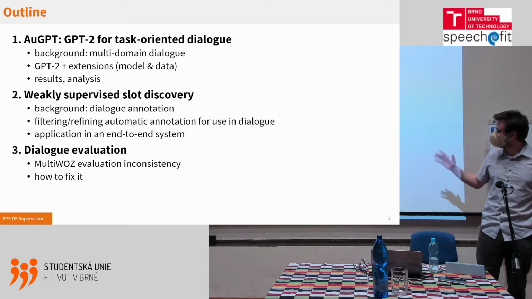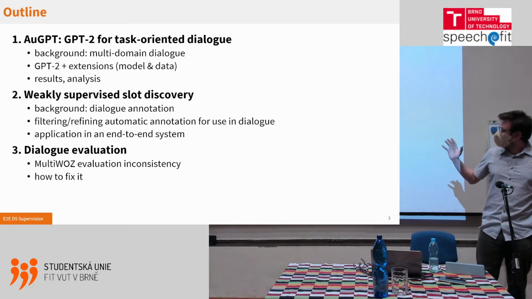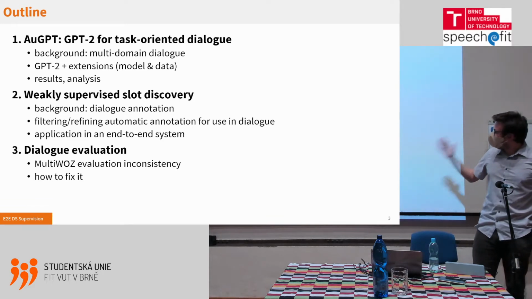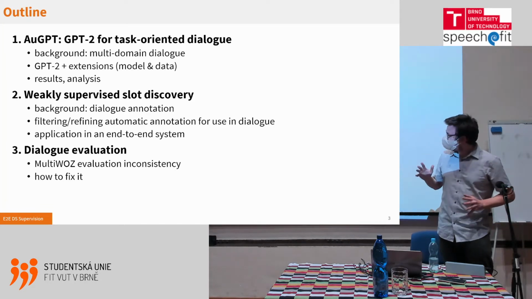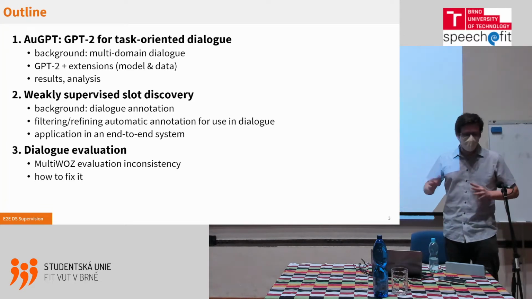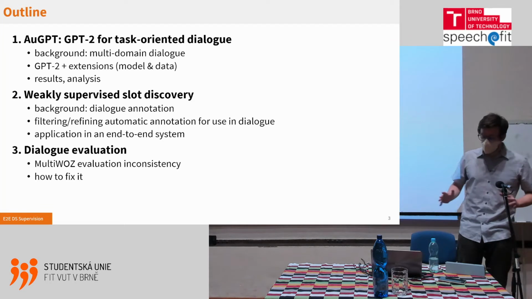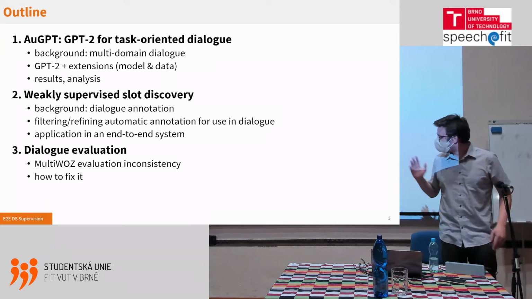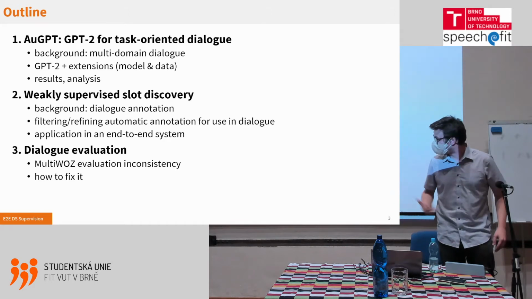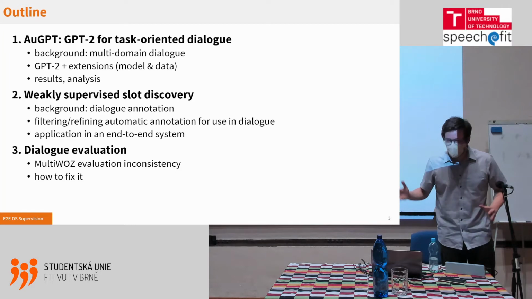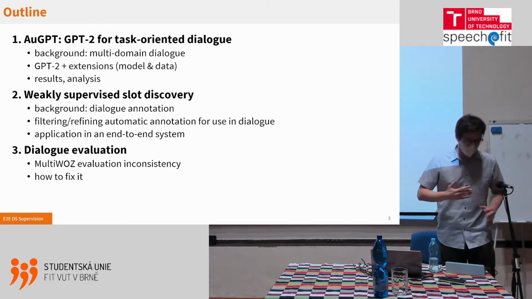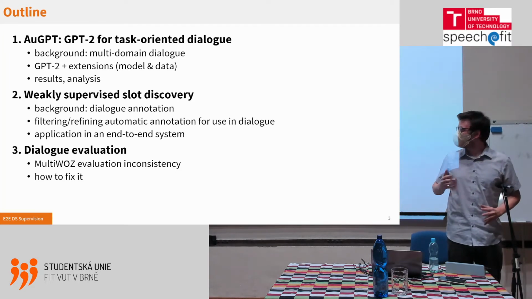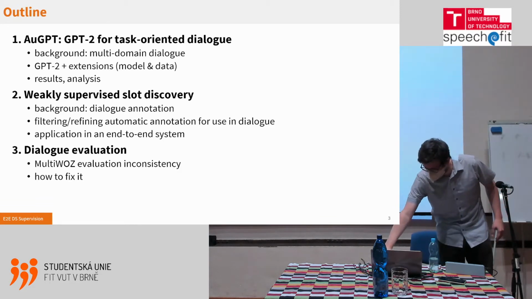I said it was technical. I'd say the main message of that is that evaluation in NLP and in dialogue is kind of a mess. We tried to clean it up a little bit, but we'll see if that catches on. But it's more about what can go wrong when you're evaluating a dialogue system and how to make your scores comparable to anyone else's.